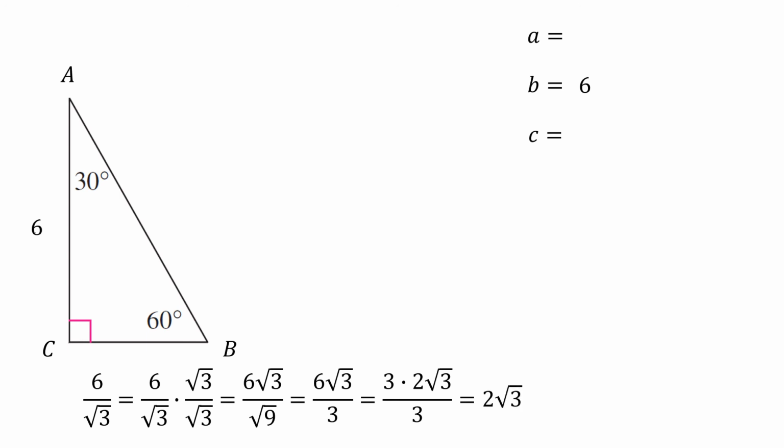Although some of that might even just be pre-algebra because we don't have a variable in there, right? You're just doing some computation. 2 times the square root of 3 is the shorter leg. And of course, if I know the short leg and I want the hypotenuse, I just multiply by 2. And so 4 root 3 is the hypotenuse.